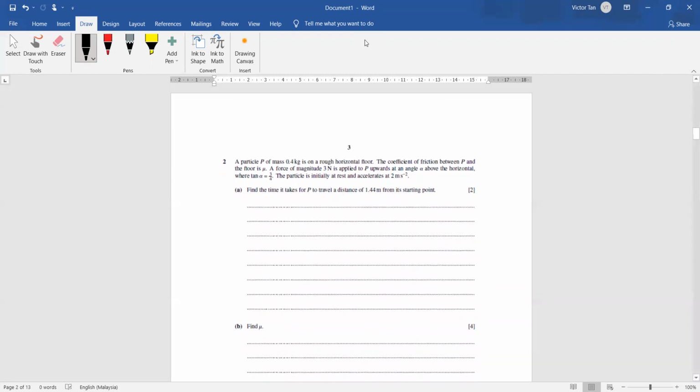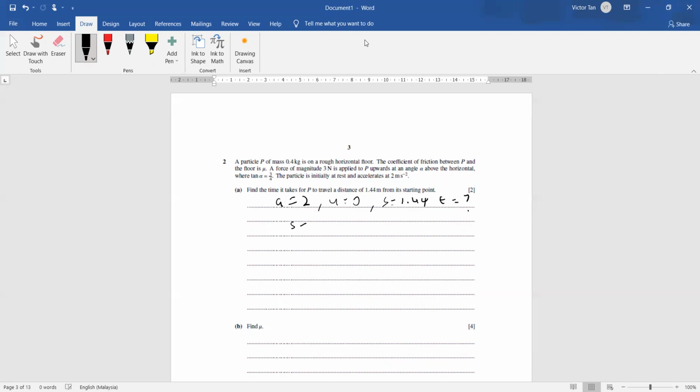So this is a question of SUVAT. Acceleration is 2. Initial velocity 0. Displacement 1.44. So you're asked to find time.